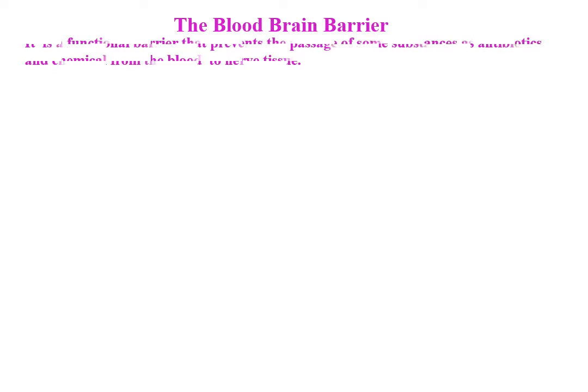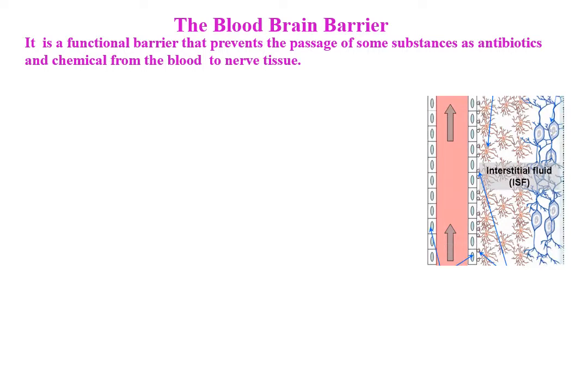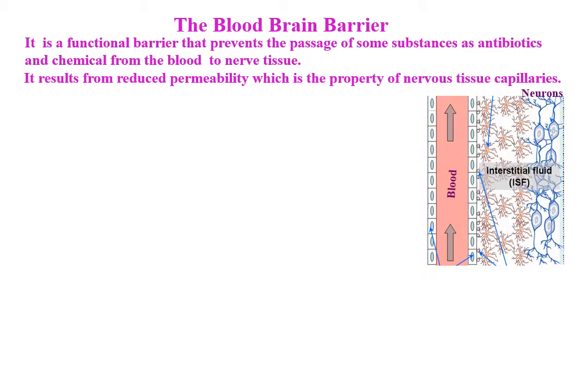Blood-brain barrier. It is a functional barrier that prevents the passage of some substances, such as antibiotics and chemicals, from the blood to nerve tissue. It results from reduced permeability, which is the property of nervous tissue capillaries.